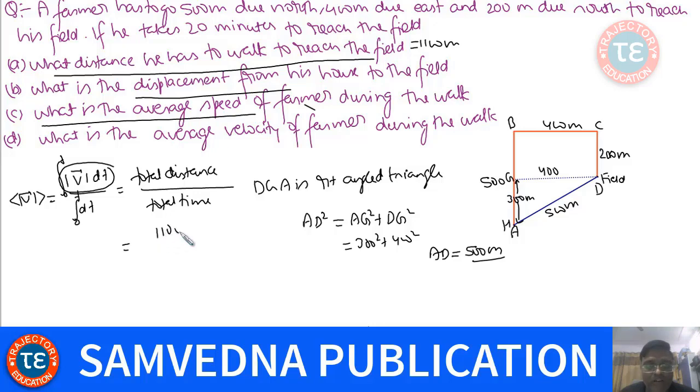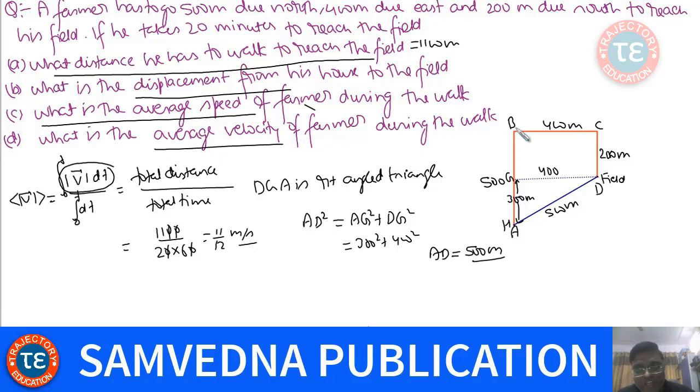Total distance traveled is 1100 upon 20 minutes. So 20 minutes has to be expressed in seconds, 20 into 60. So that would be 11 by 12 meter per second.